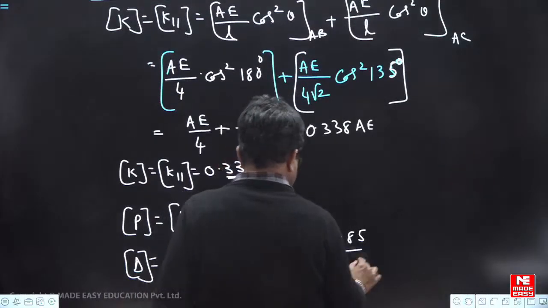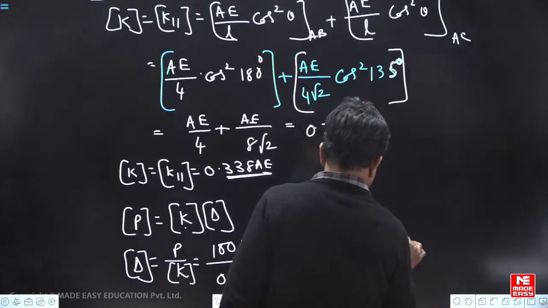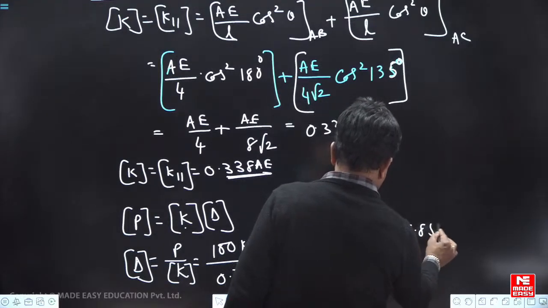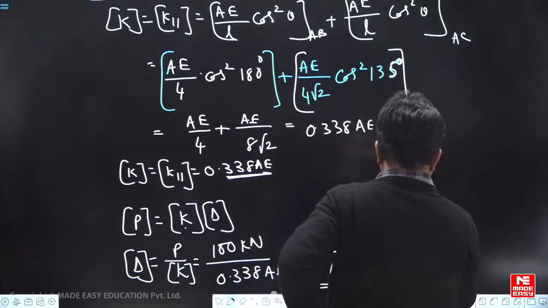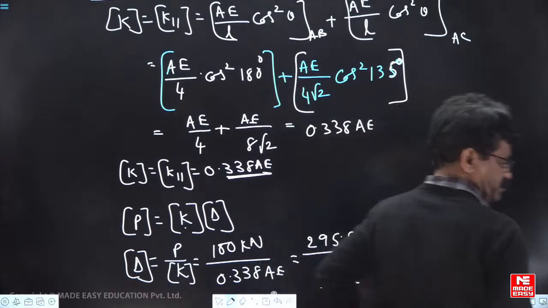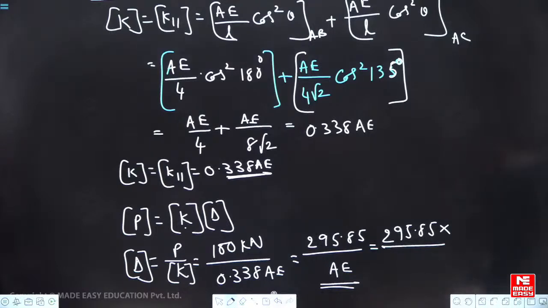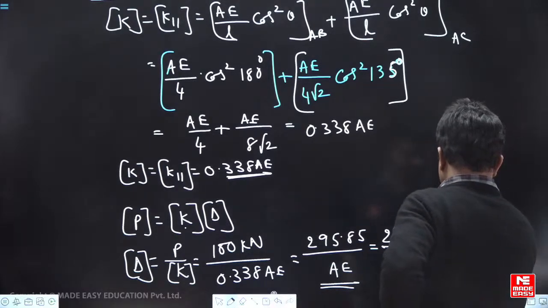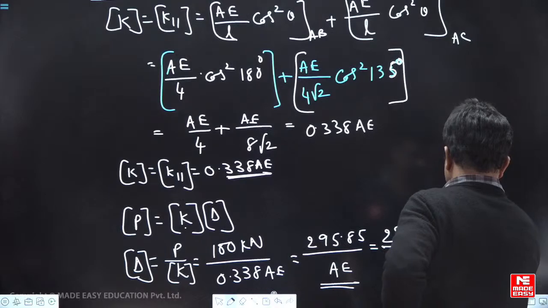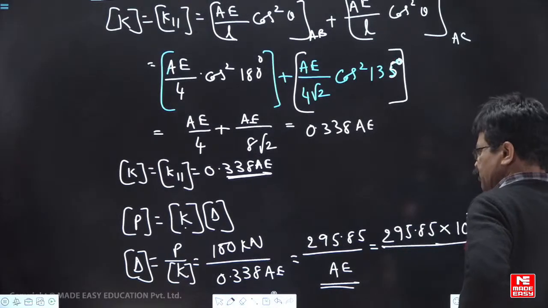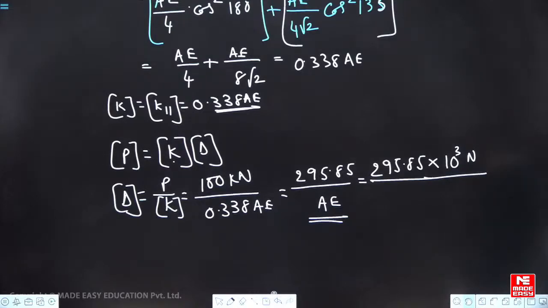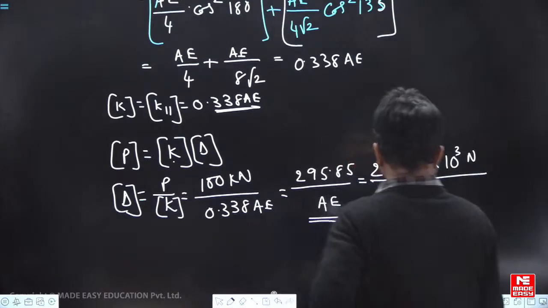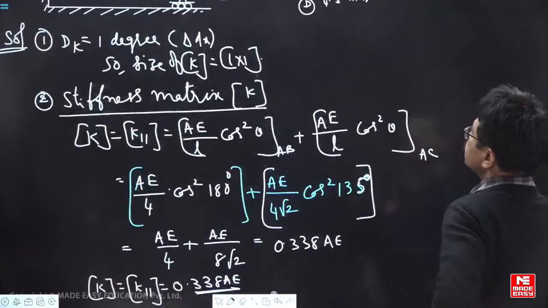So if you write that, kilonewton when you are converting into Newton is into 10 to the power of 3, AE you are getting per meter.